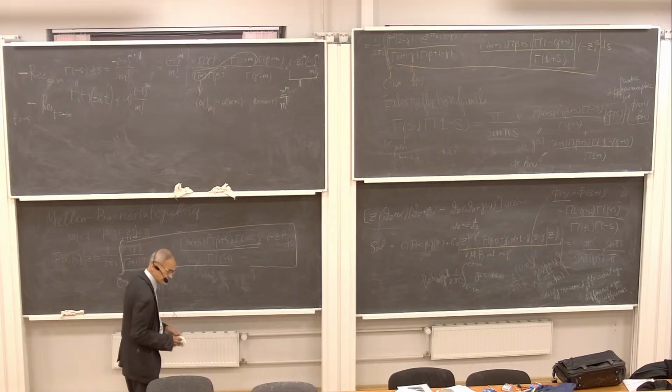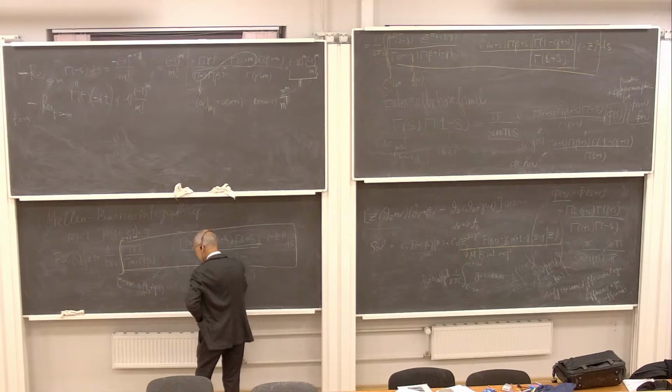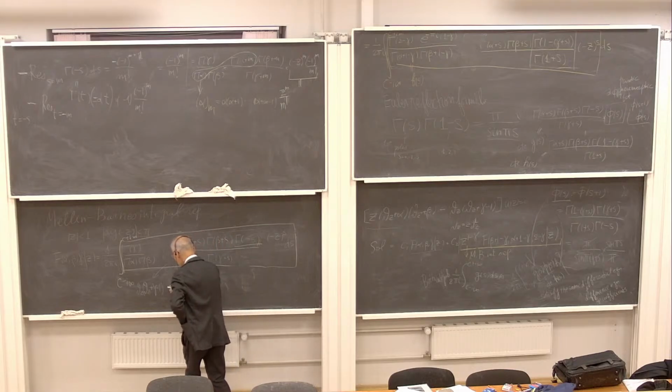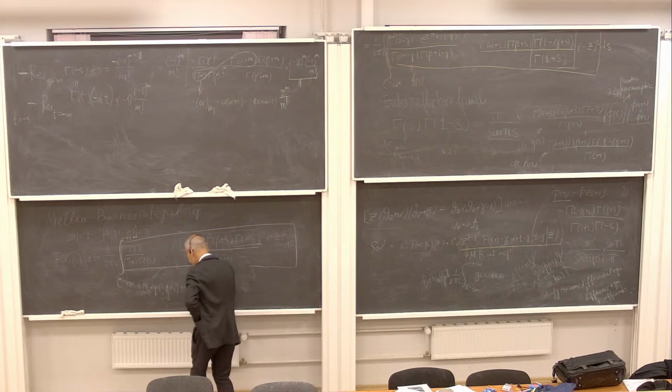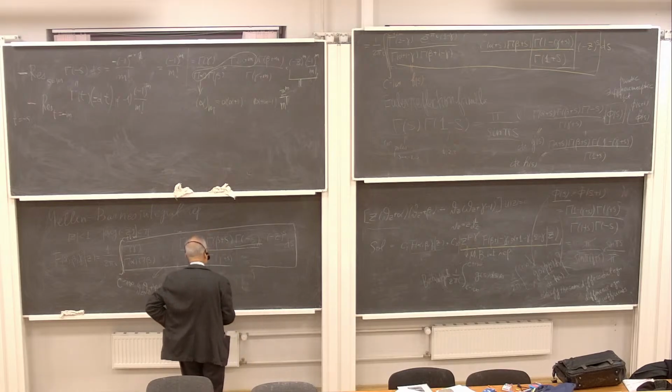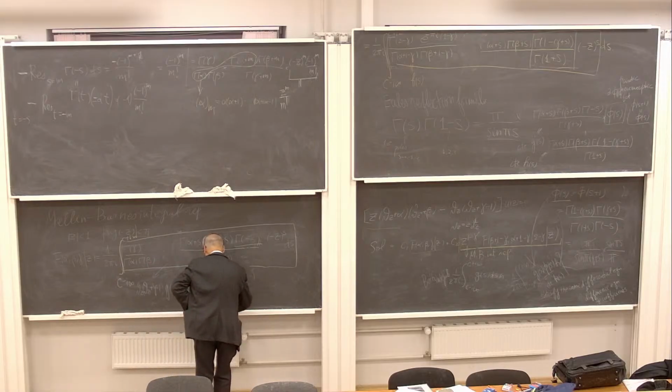Then what happens? It will give rise to z to the power s. G(s) will be s times (s plus gamma minus 1) times G(s).